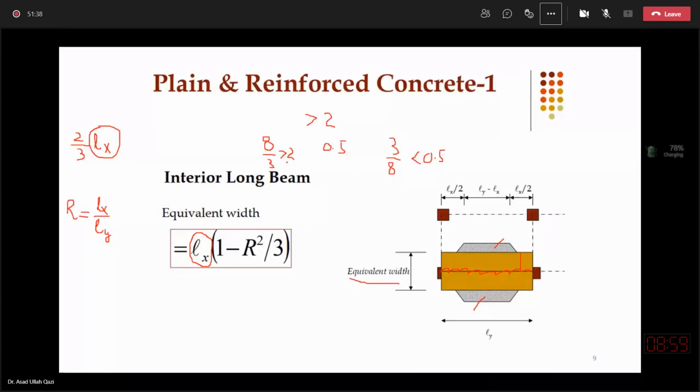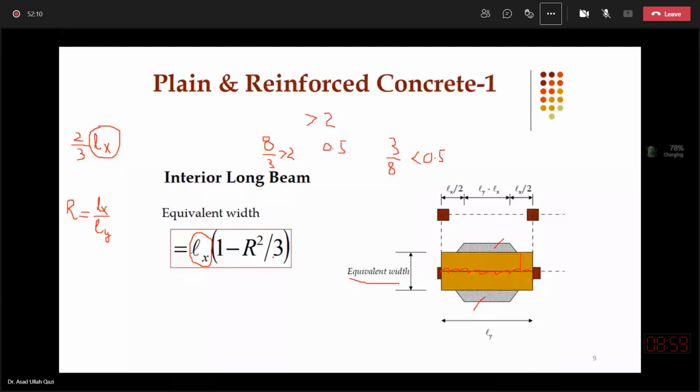Longer over shorter greater than 2 or shorter over longer less than 0.5, it is one-way. And vice versa, if it is less than 2 or greater than 0.5, it will be two-way. But in this equivalent width derivation, you will get R as the ratio of shorter over longer.